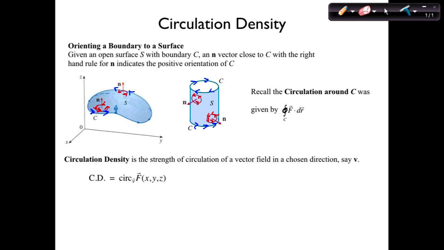all right, so we're in a field, and then we're at a point, and we can choose a direction V, and then we can say, according to that field, how strong is the rotation in a plane perpendicular to V?